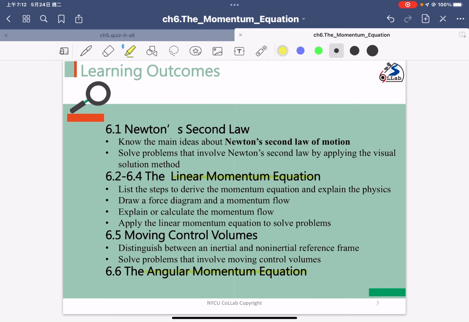So in the following classes, you will know the significant differences between the linear and the angular momentum equations. And a lot of the difference in this chapter compared to chapter 5 is that in this chapter we will have some cases where the control volume is moving, so we call that a moving control volume.